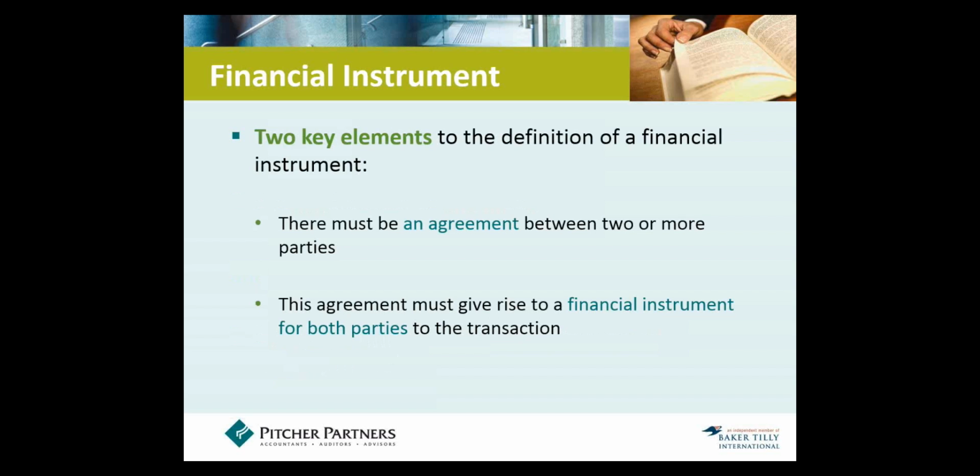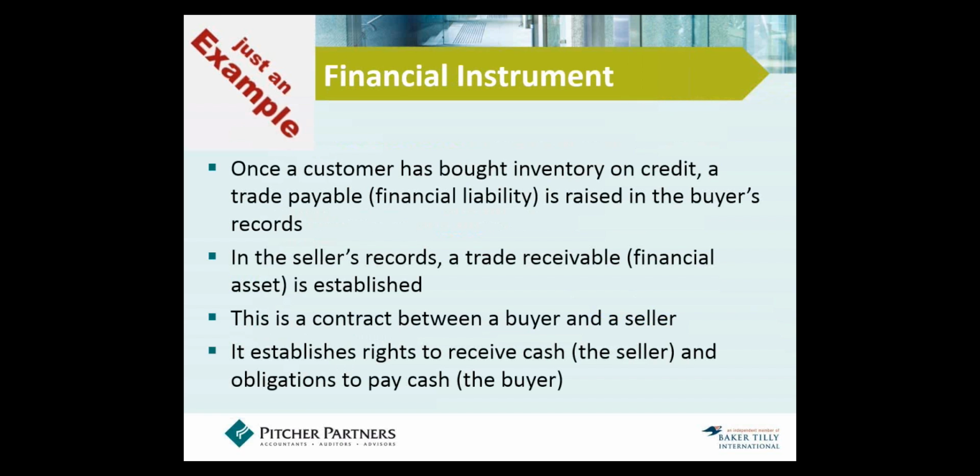The one is there must be an agreement between two or more parties, so we need a contract between two or more parties, and this agreement must give rise to a financial instrument for both parties. So the one party has an asset, the other party has a liability or equity. So those are the two key elements.